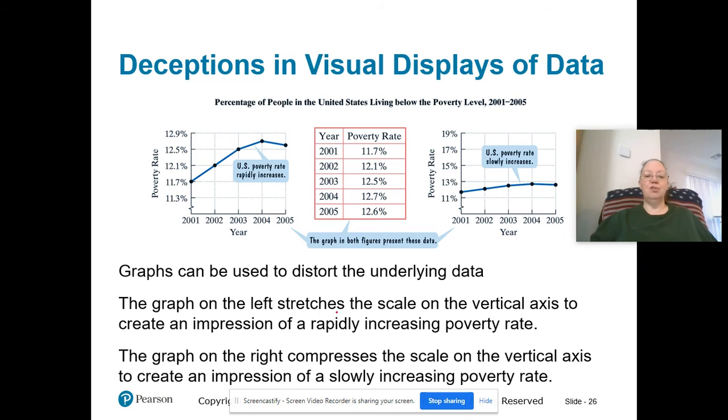So the graph on the left stretches the scale on the vertical axis to create an impression of rapidly increasing poverty rate, where the graph on the right compresses the scale to create an impression of a slowly increasing poverty rate. It's the same information, it just is expressed differently.